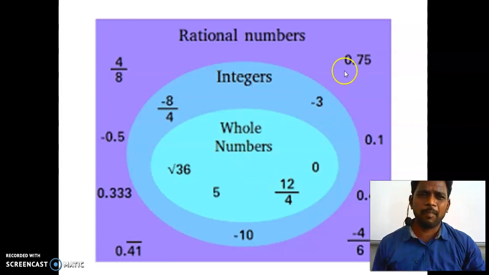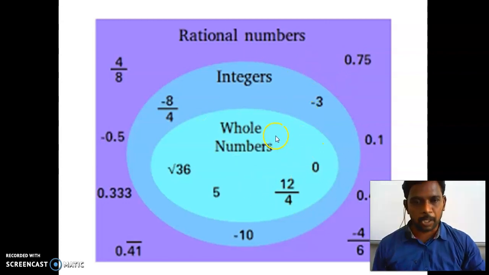We can take 0.75 also, that is a decimal number. Only some decimal numbers do not come under rational numbers, so that you will study in your higher studies. And 8 by 4, 4 by 8, 0.5. So decimal numbers in terminating form all come under rational numbers. So these are several examples of rational numbers.